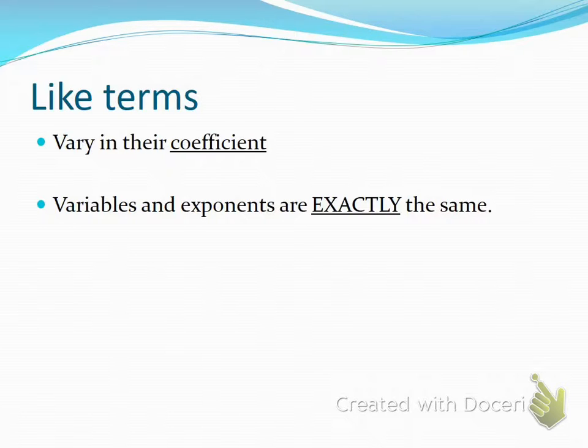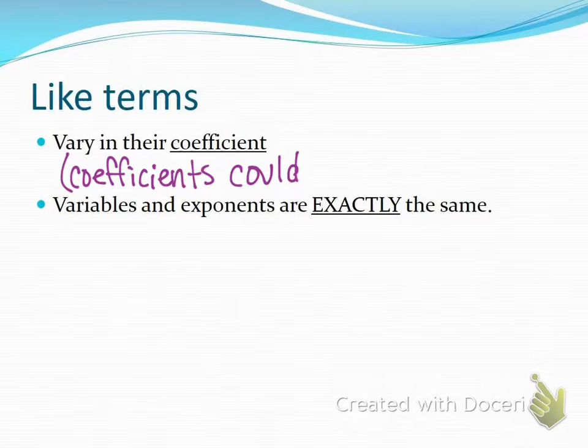This word vary means that they change. So that means that their coefficients could be different. Coefficients could be different. Doesn't mean they have to be different. Most of the time they will be.